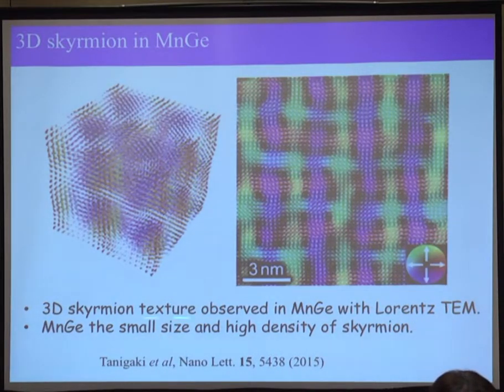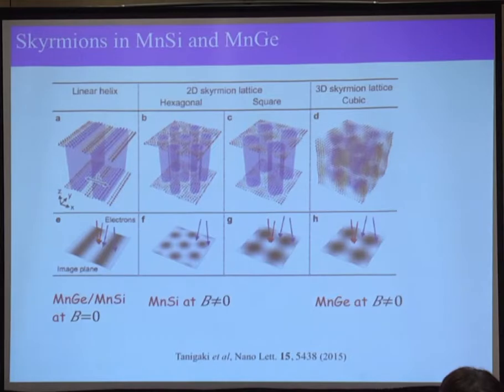On the other hand, as I mentioned before, the magnetic germanium has a much smaller skyrmion size. Here is a summary of the silicide and germanium in the context of the various spin textures: from the zero field helical state, a one-dimensional feature, to the two-dimensional lattice, which can be hexagonal or square, and that is the projection of this three-dimensional image.